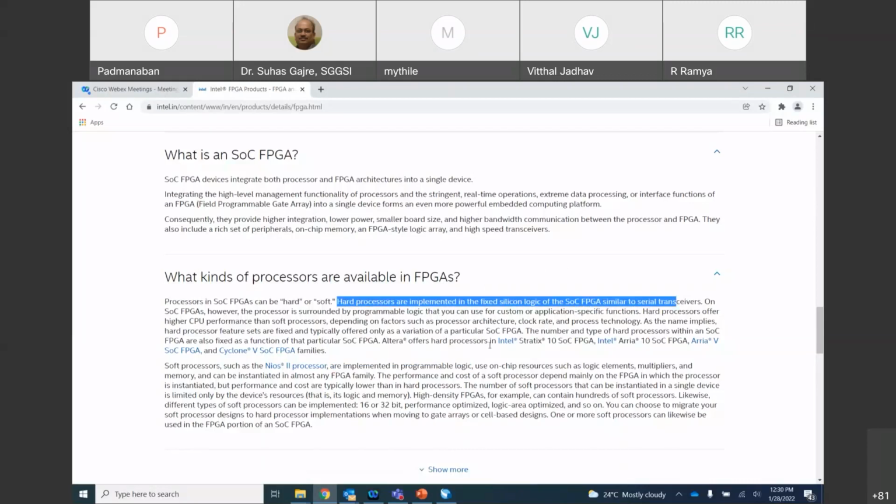That means you have the processor, and along with that you have the FPGA. Now the MAX 10 device, which we explained yesterday, is going to have only the soft core, and we call that a soft core based embedded system design. Whereas when we use Cyclone V and the hard processor system, HPS, we are going to generate a hard processor based embedded system design. So we can try to do that.